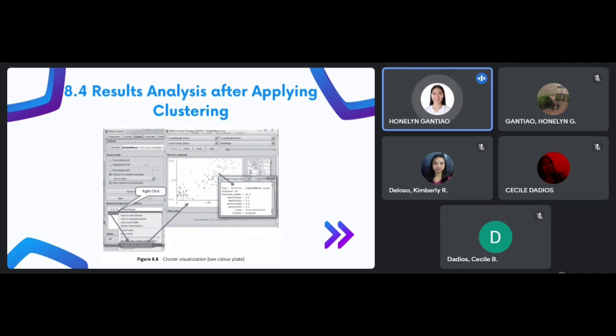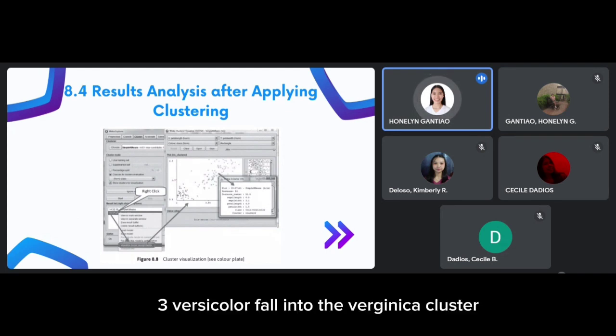For instance, 3 Versicolor fall into the Virginica cluster and 14 Virginica fall into the Versicolor cluster.